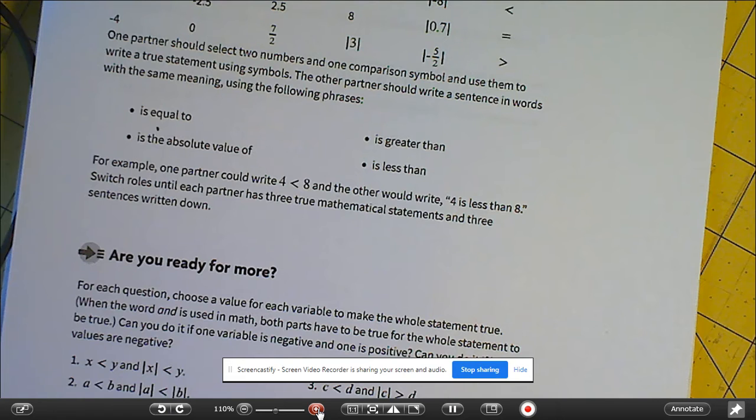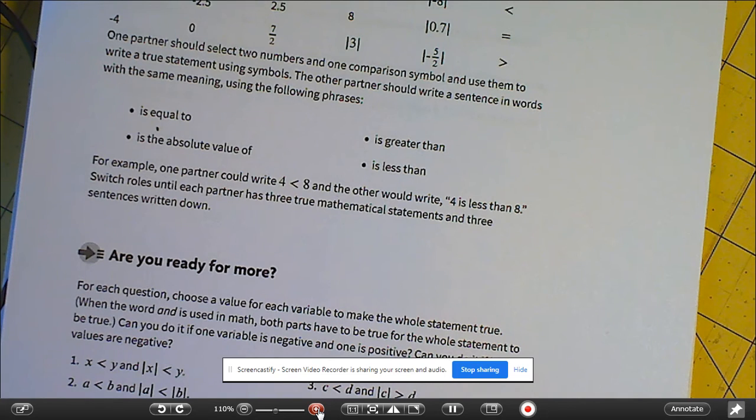So it says one partner should select two numbers and one comparison symbol and use them to write a true statement using symbols. The other partner should use a sentence in words with the same meaning using the following phrases: is equal to, is the absolute value of, is greater than, is less than. For example, you could write 4 is less than 8, and the other person would write the words 4 is less than 8, and then switch roles.